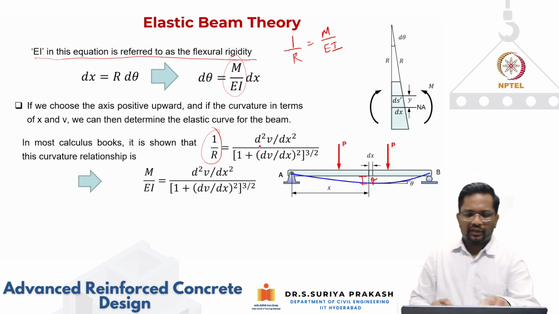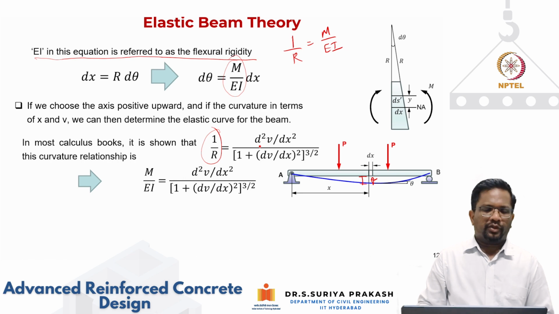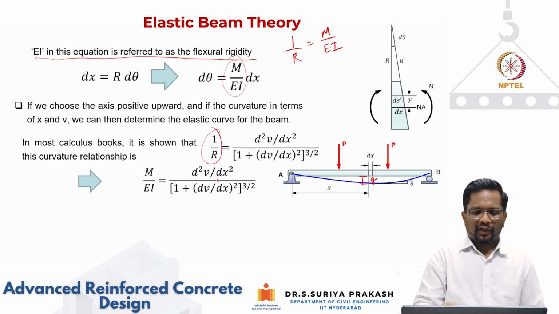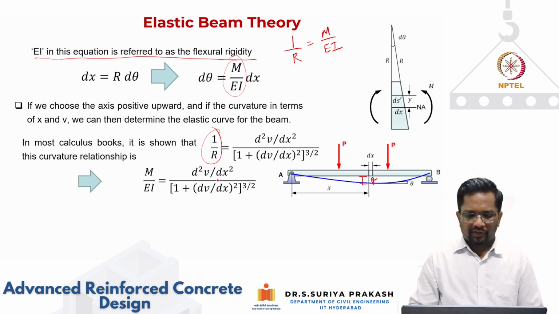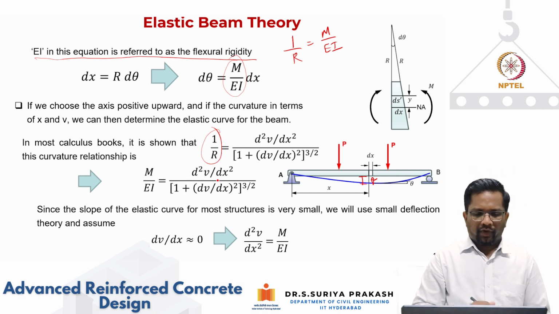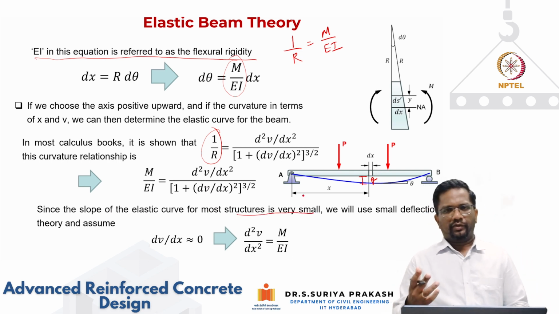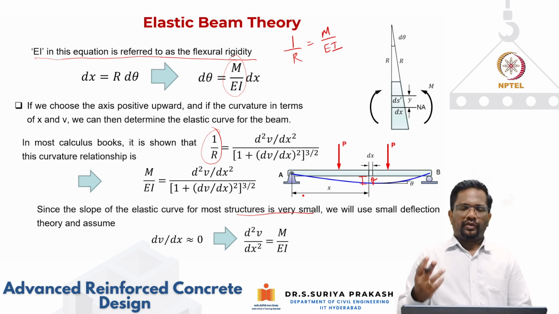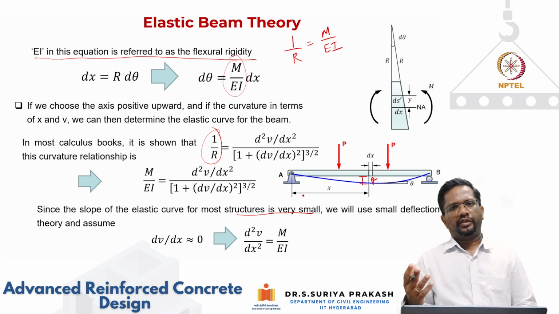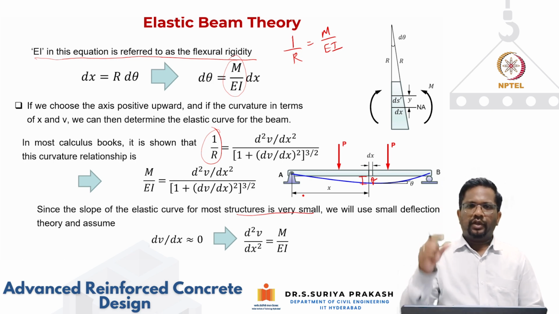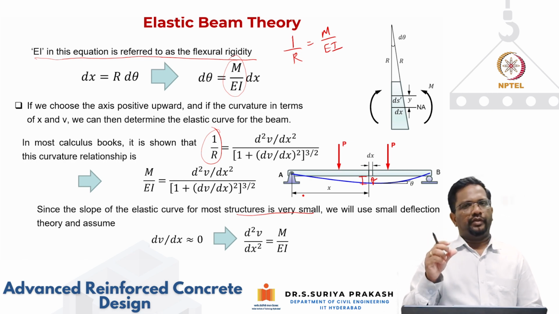So now we can see 1 by r is nothing but your M by EI, so M by EI can be expressed in terms of this. We have seen that the slope of the elastic curve for most structures is very small. If you look at your IS code, even for service levels, the allowable deflection is either L by 350 or L by 250, depending upon whether you are doing short term or long term deflections. So deflection levels are going to be very, very small.